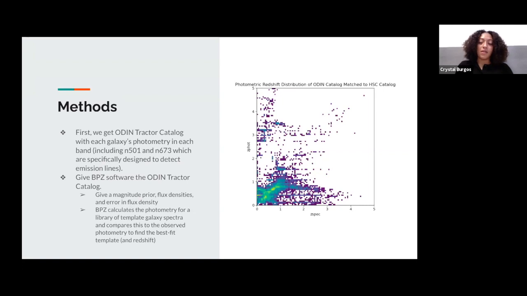So some of them are from that, and like you said, others are just outliers. There are also errors in these redshifts as well. BPZ gives us errors in the calculated redshift, but we just couldn't show them here.